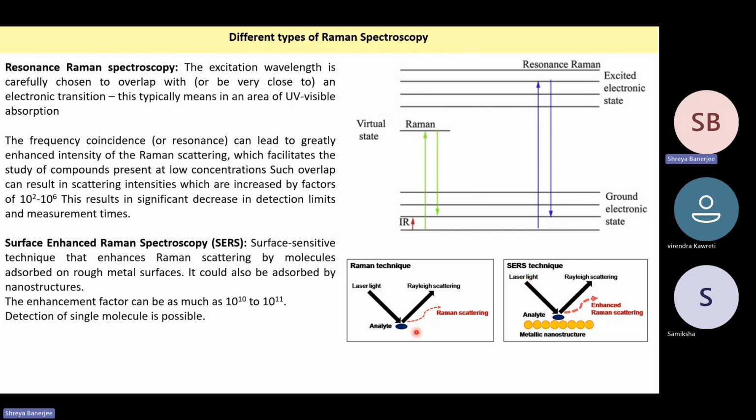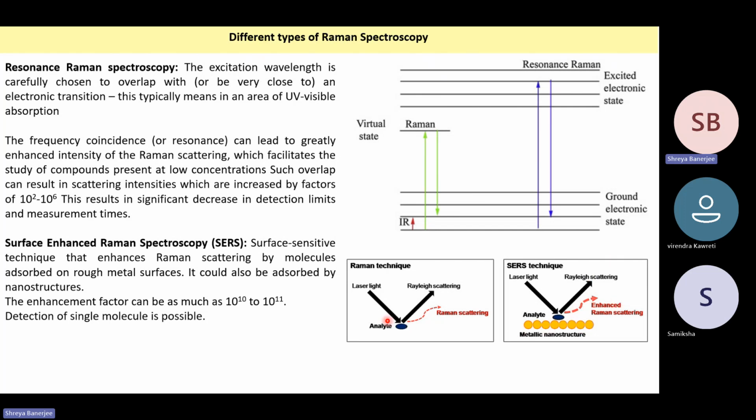You can just imagine that if you have the molecule loose, then the intensity of Raman scattering is low. But if you make the molecule adsorbed on the surface of some nanostructure, then the intensity of this scattering increases by 10 to the power 10 to 10 to the power 11 times. So you can imagine how much the intensity is increasing.